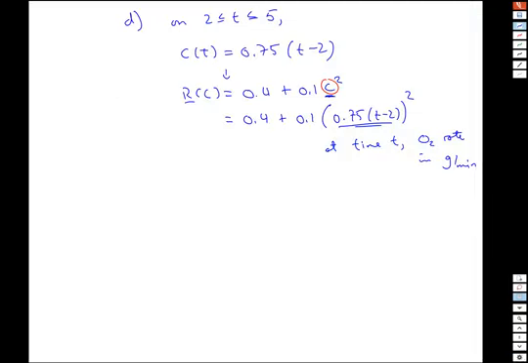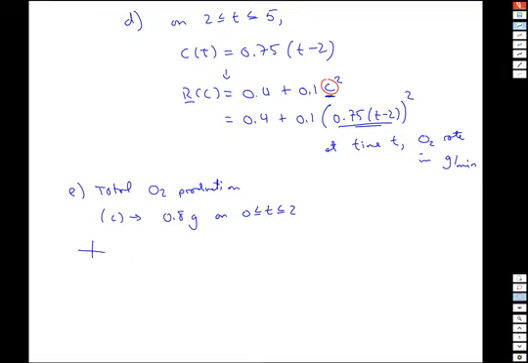And last but not least, we'd want to find out the total O2 production. We already found from C that we had 0.8 grams in the first 2 minutes.